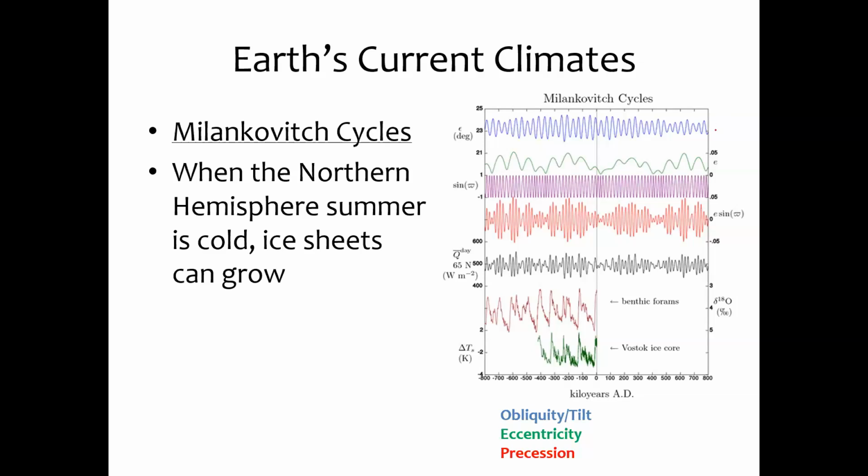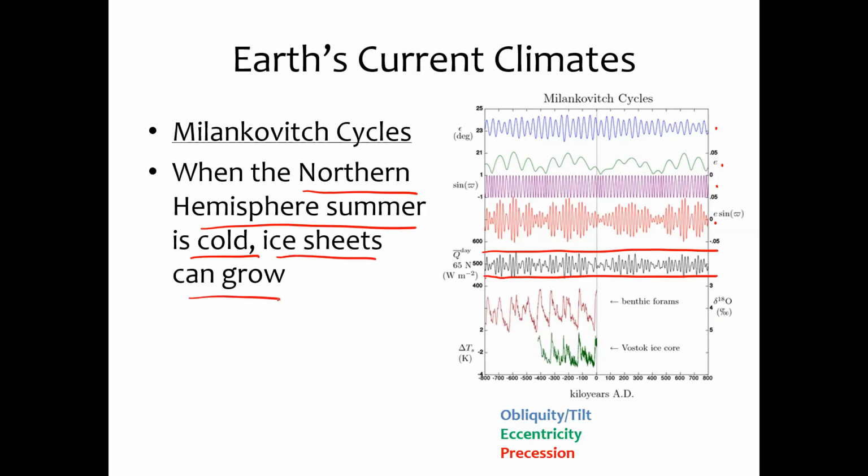We can see these Milankovitch cycles combined here into a big stack of the final influence of all of those Milankovitch cycles. When the northern hemisphere summer is cold, that means that the snow that has fallen in the winter doesn't all melt. And that is what allows ice sheets to grow.